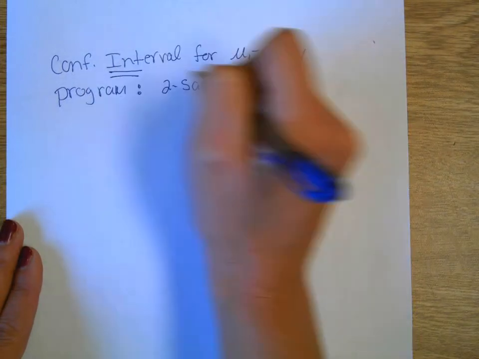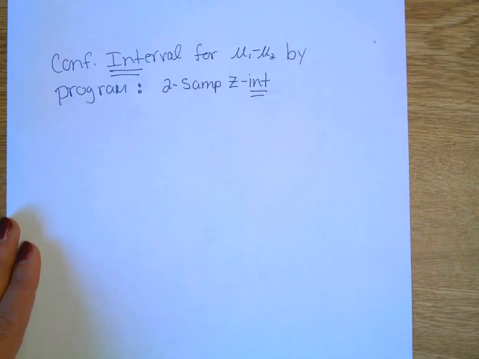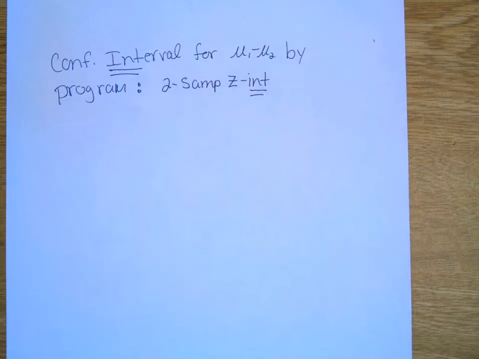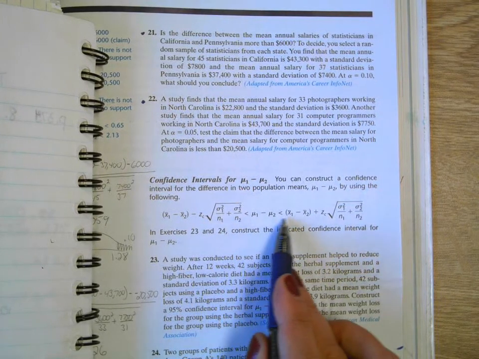Confidence interval, program ends in int. Okay, very easy to use, totally straightforward. We're not doing these by hand, look at what the formula looks like. We're not going to go there. I just want to show you to appreciate a little bit here.